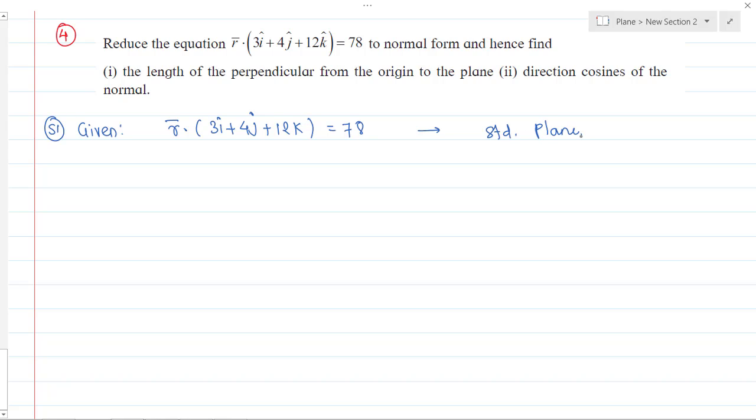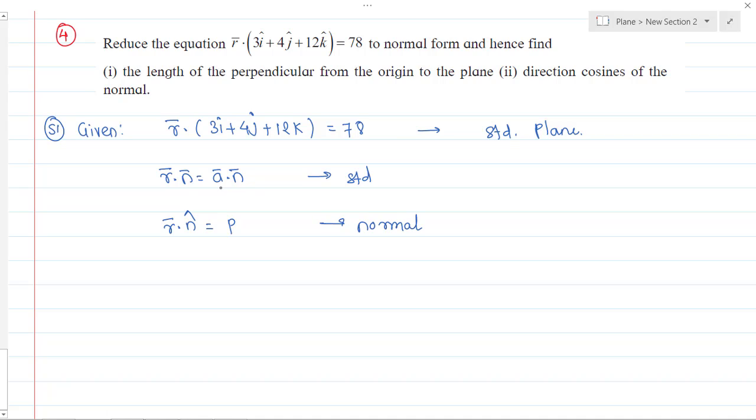Now maybe you will have the confusion, sir, when to consider it a standard equation or when to consider it the normal form of the equation, because the normal form and the standard form look alike. r bar dot n bar equals a bar dot n bar is the standard equation, and r bar dot n cap equals p is the normal form of the equation.